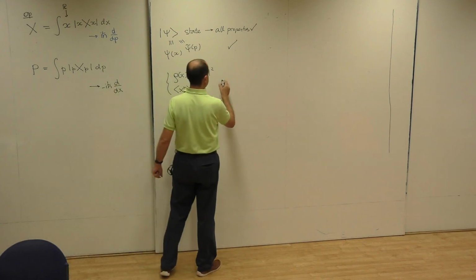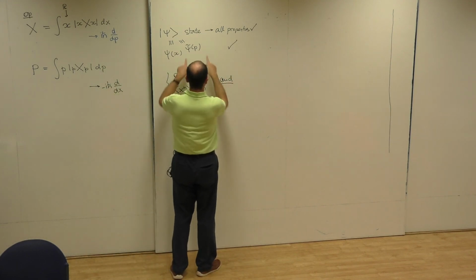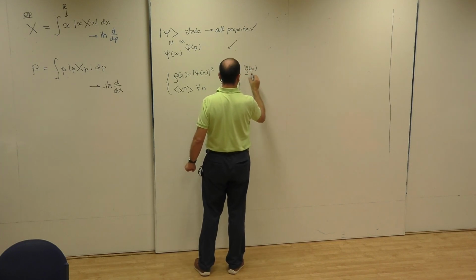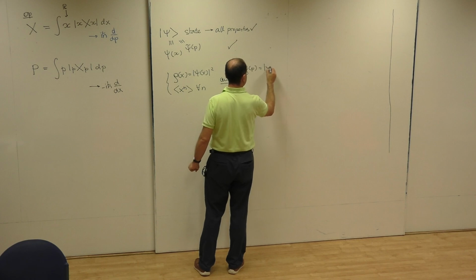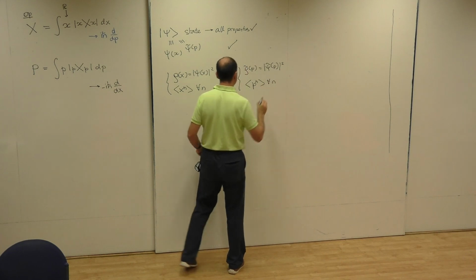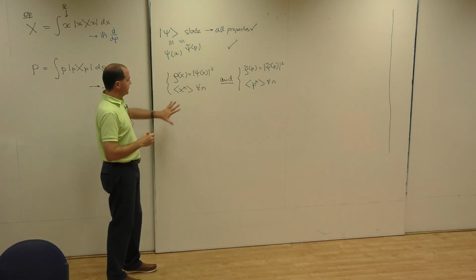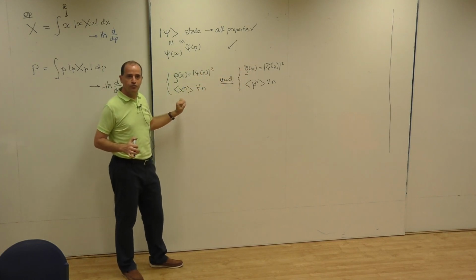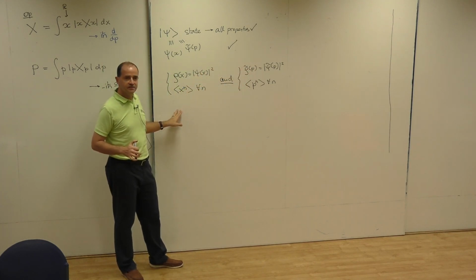And I also use this: I have the distribution in momentum, in other words psi tilde of p squared, and I have all the p to the n. Are these two pieces of information enough to reconstruct the state?